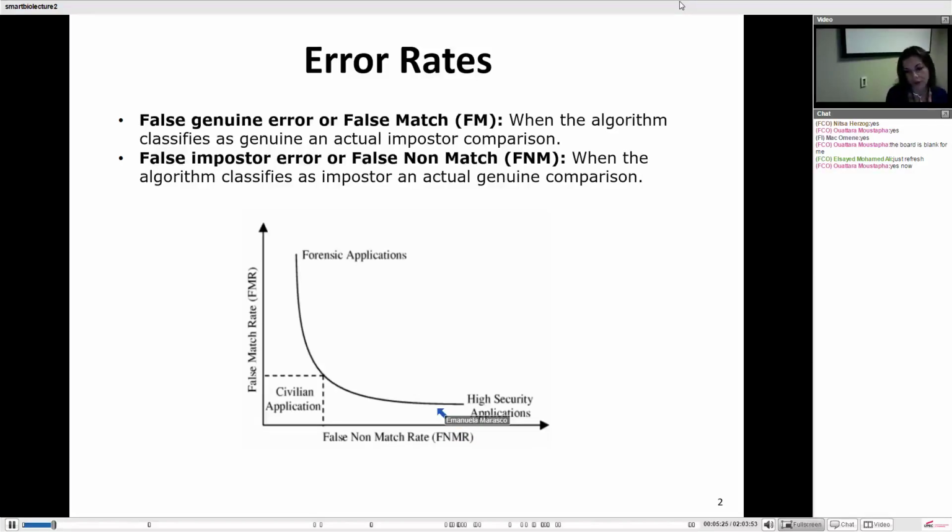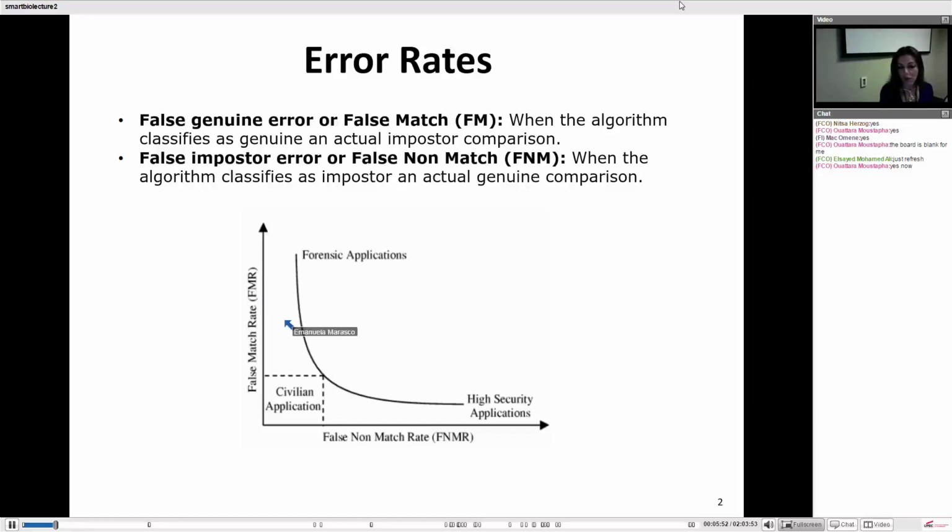And now I have a question for you. Why is a very low false match rate causing an increase of false non-match rate? If you remember the architecture of the system, the modules, and specifically how the decision of the system is made.